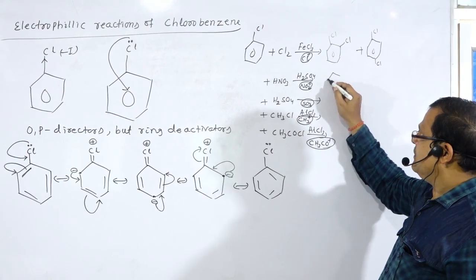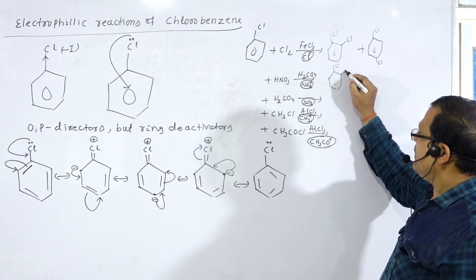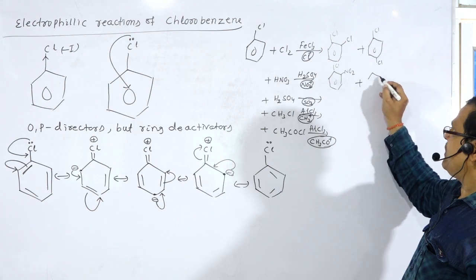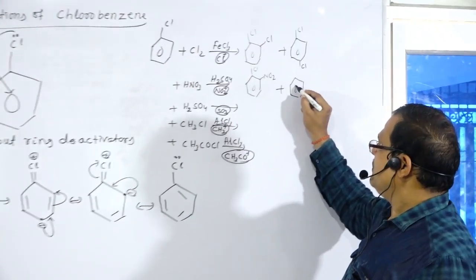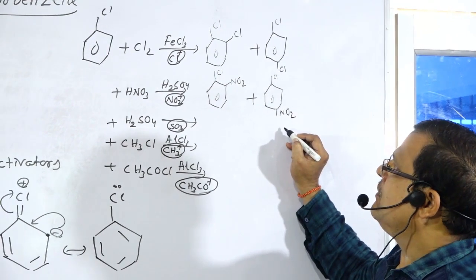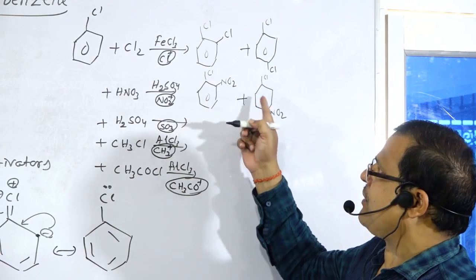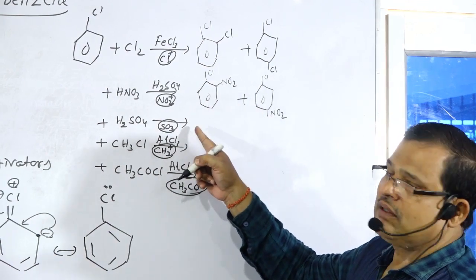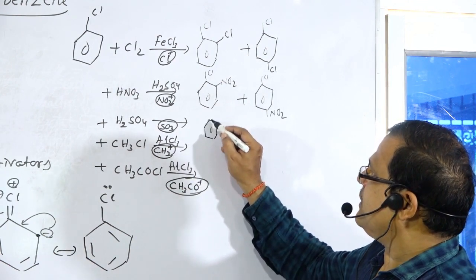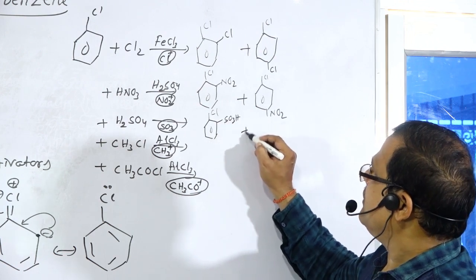In nitration, we get Cl, NO2, ortho-nitrochlorobenzene or para-nitrochlorobenzene, since NO2 plus will be directed to the ortho or para position. In sulfonation, the same SO3H group, Cl, SO3H.